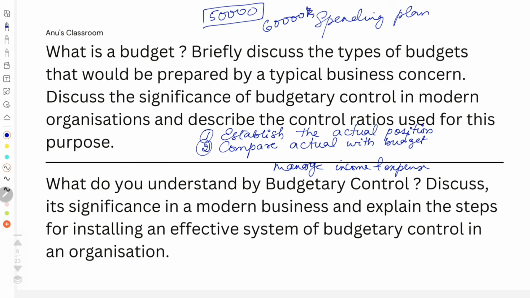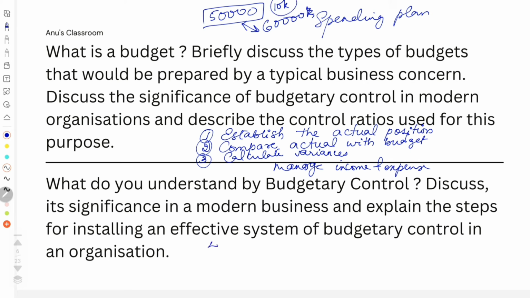Okay, so that is the budget we have planned for this month. Now when we compare the actual position with our budget, we see that we are short of 10k, right? 10,000 rupees. So what we will do next is we calculate the variances. And so we now check why there is a variance of 10k.